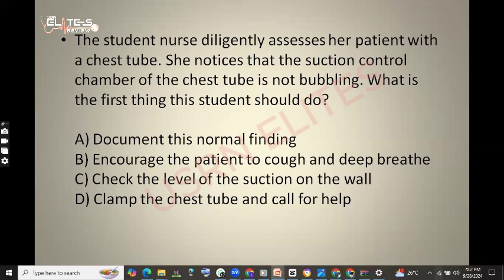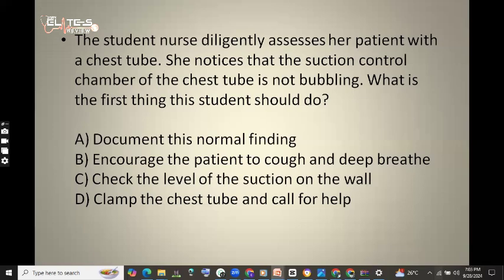Good. It shouldn't last for more than that, to prevent risk of what? Tension pneumothorax. Good. Not hypoxemia in this case.